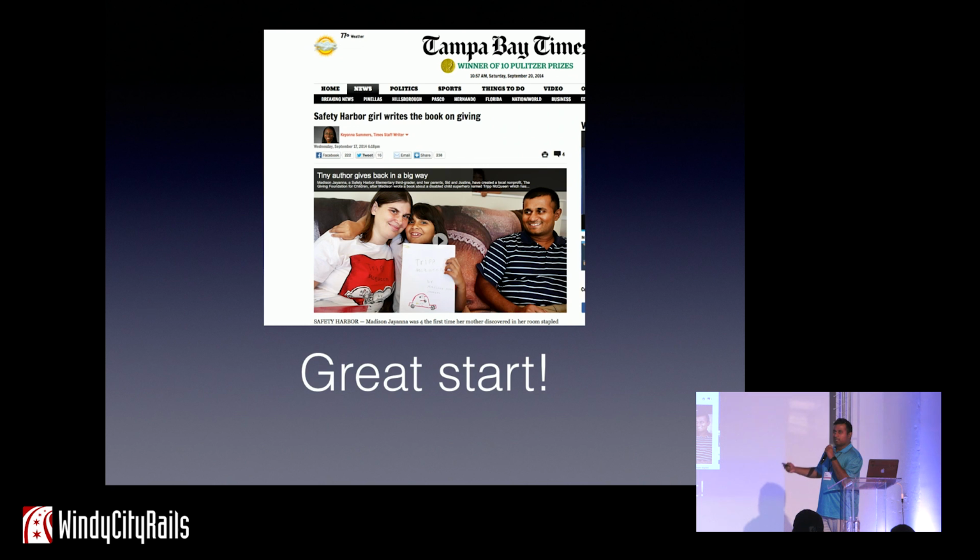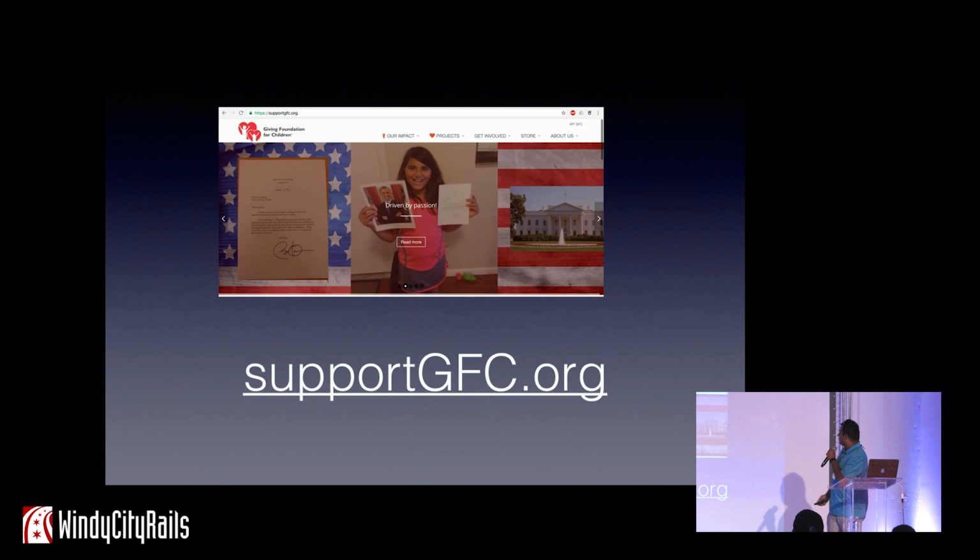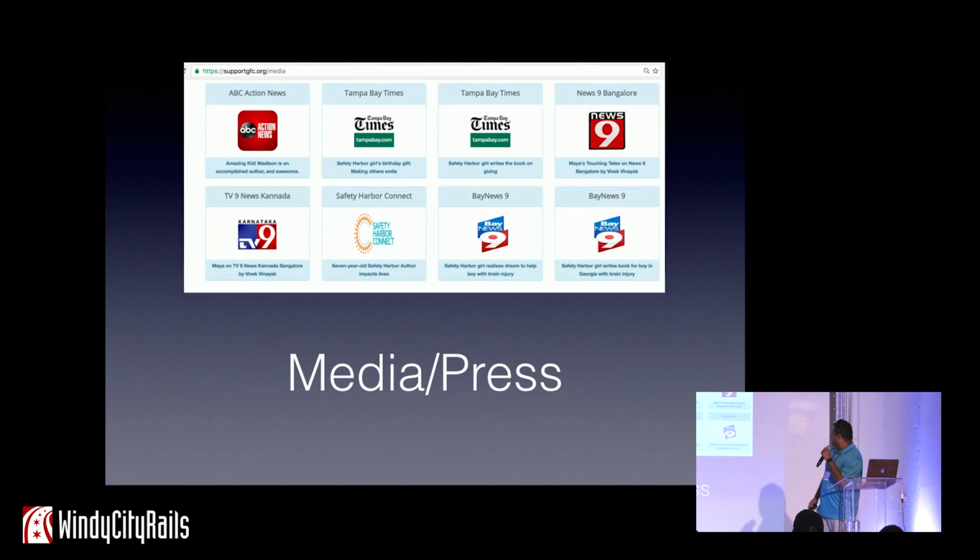It was kind of big news in Tampa Bay, with the Tampa Bay Times covering it. Once that happened, we got recognized by President Obama, who sent a letter. And then we started getting a lot of publicity and media, thanks to that letter from Obama.